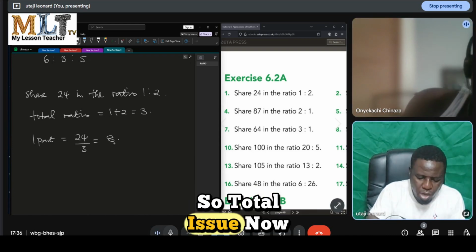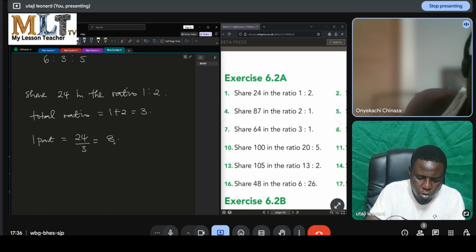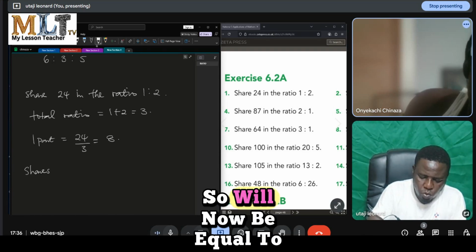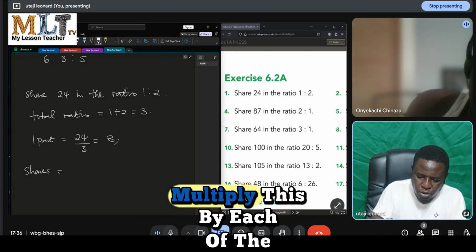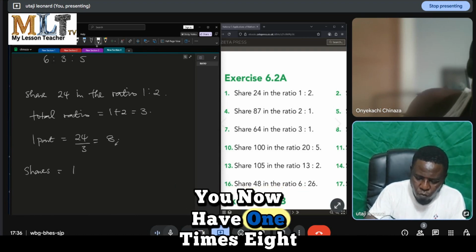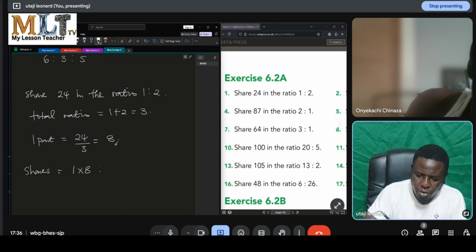So the total shares will now be, multiplying by each of the ratio, 1 times 8, and 2 times 8.